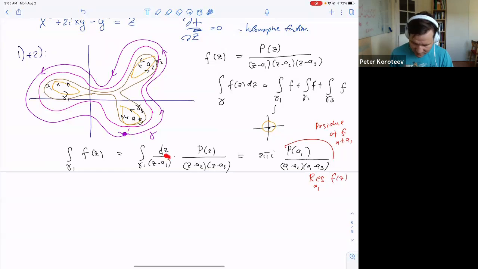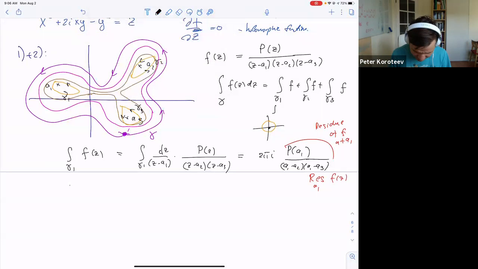Basically, you factor out the 1 over z part, the contribution that is singular, that behaves as 1 over z as you approach this point, and then you just plug in the value of a1 into the rest of the function. Does that make sense?